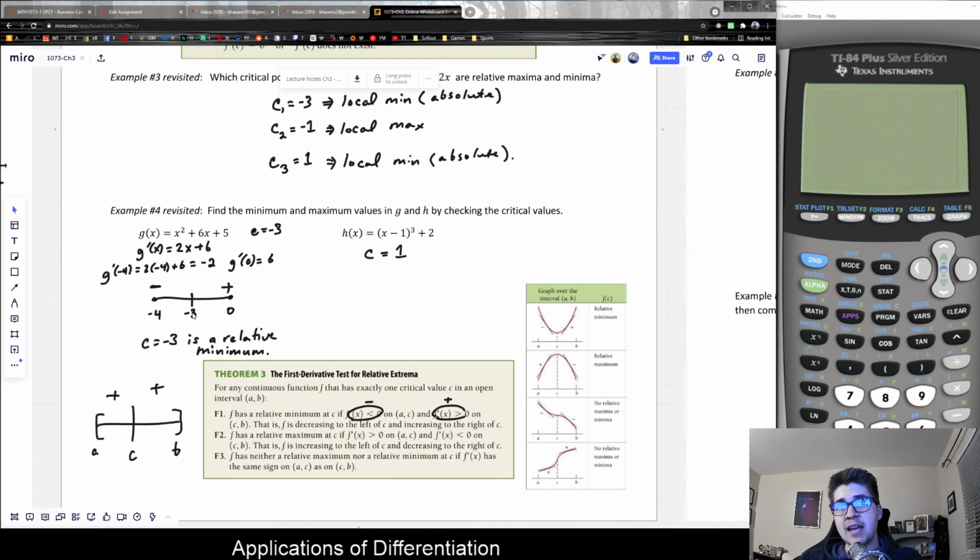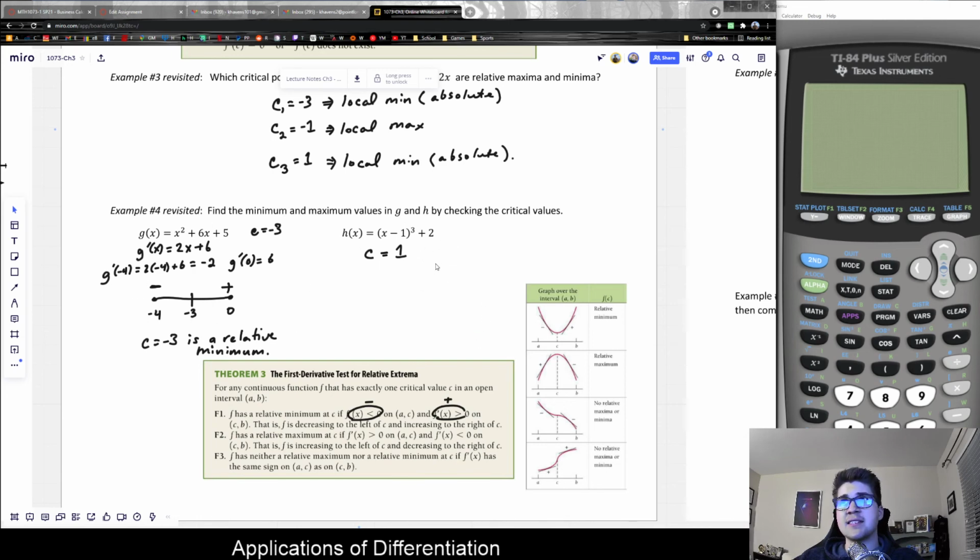Derivative negative means down. Derivative positive means it's going up. Decreasing to increasing means minimum, and this is all something we could remember just by thinking about that sort of logic and in thinking about an interval of numbers. But it's a visualization tool for helping us remember this. Now, if it did not change, then it's neither. And if it changed from positive to negative, it would be a maximum instead.